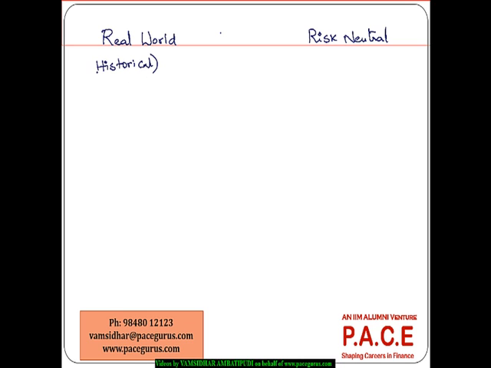Any parameter which we talk about in the real world, we are talking of historical. Whereas when we are talking about risk neutral, we are trying to imply it from the market prices. It is the same concept as real world volatility and risk neutral volatility, where we use historical volatility and implied volatility as the representatives of both of them.